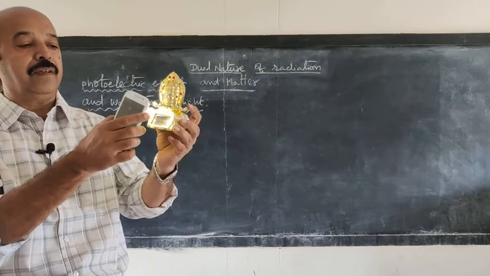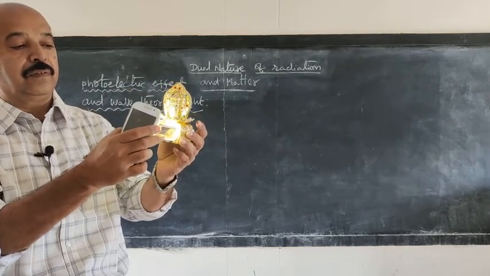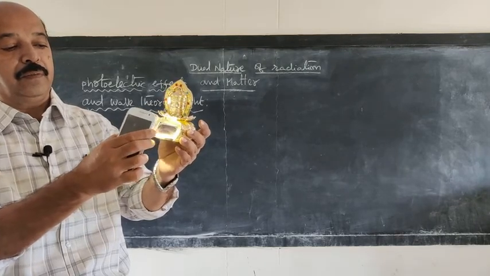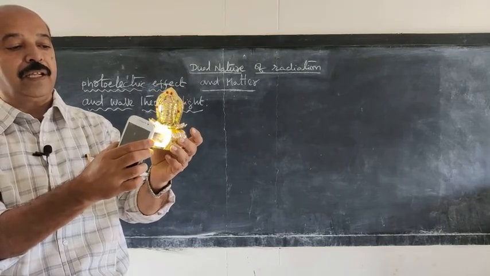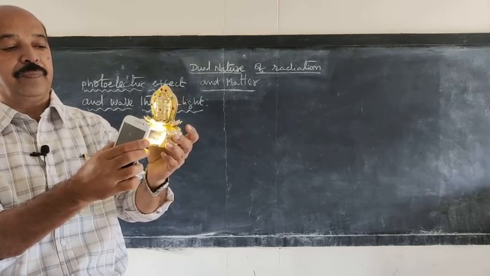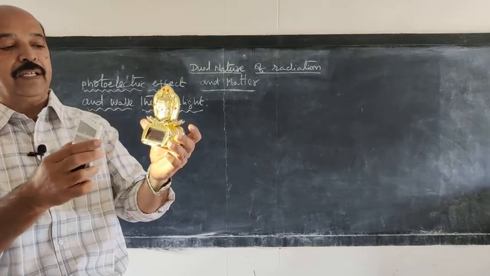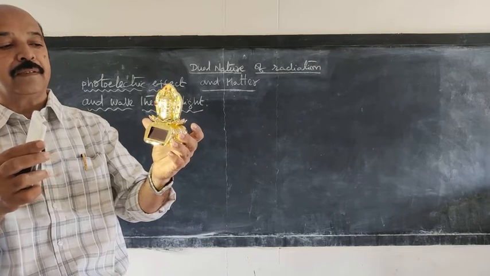Now you can see the motor is working. Now you can see the speed of rotation. Now when I move the light away, so intensity decreases, the speed also decreases.